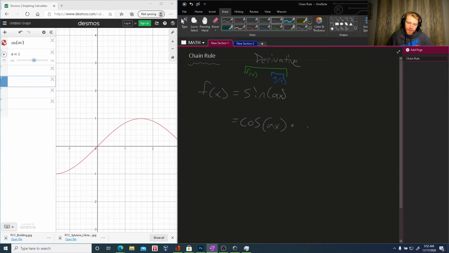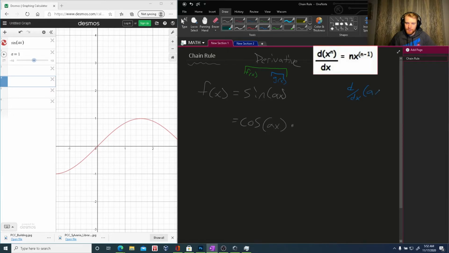So cosine ax times, and over here we can just do the derivative, and just remember, we're looking at a like it's a coefficient. So just picture it like you have the 1 up here, and you swing the 1 down. 1 times a is a, and then 1 minus 1 is 0, so you're going to be left with just a, right?